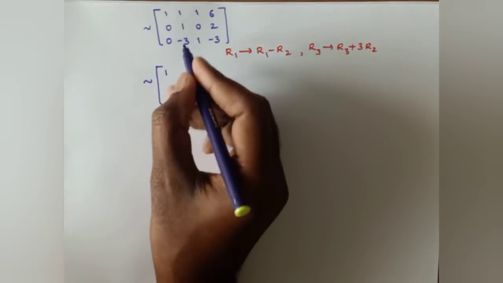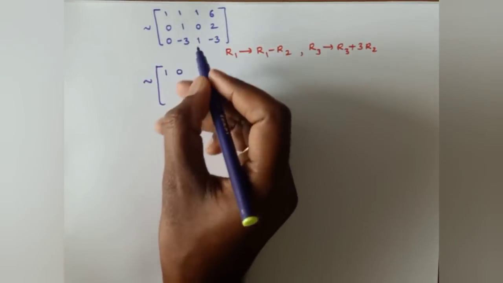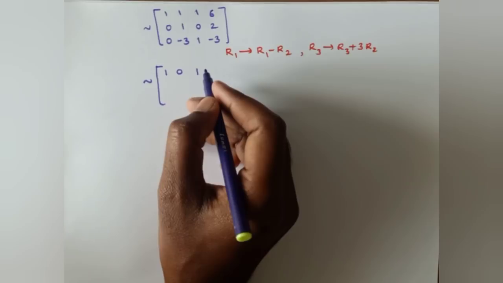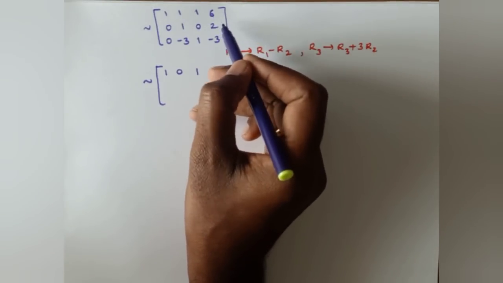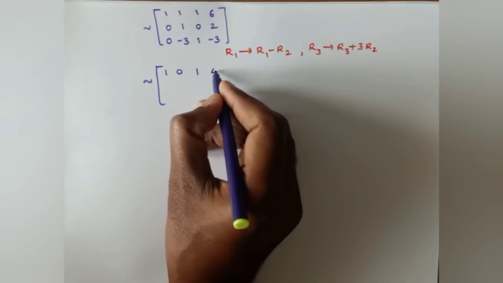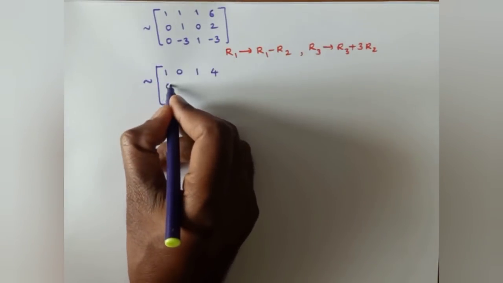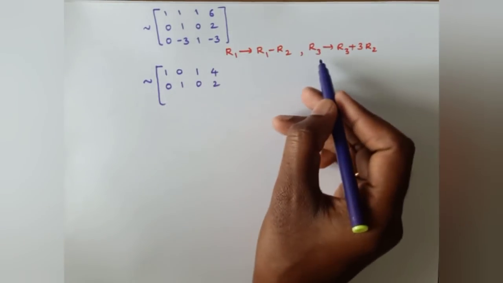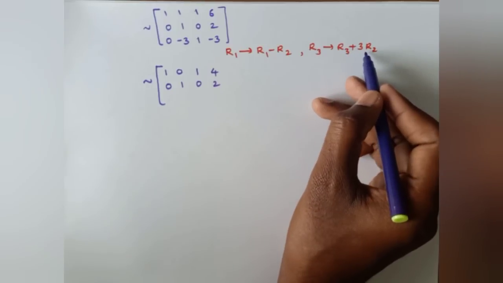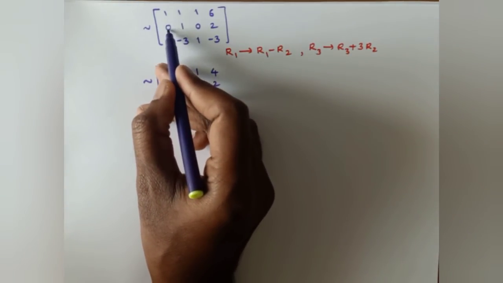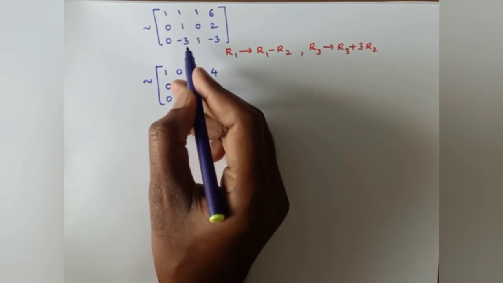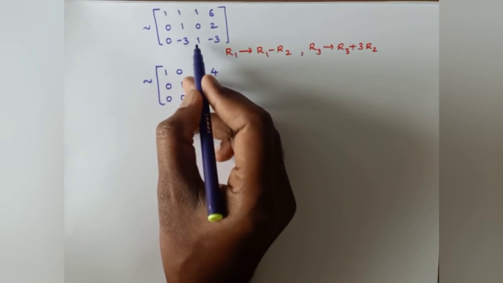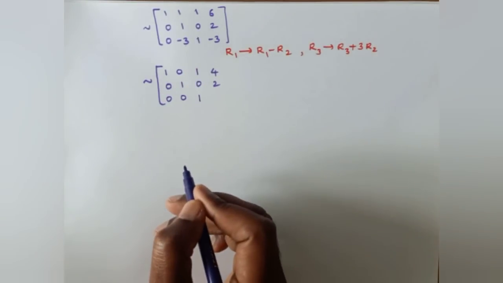So 1 minus 0 is 1, 1 minus 1 is 0, 1 minus 0 is 1. Next 6 minus 2 is 4. Next this is as it is: 0 1 0 2. Next I am applying the row 3 operation, R3 plus 3 into R2: 0 plus 0 into 3 is 0, minus 3 plus 1 into 3 is 0, 1 plus 0 into 3 is 1.